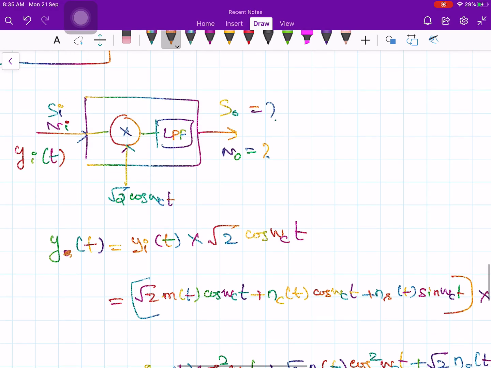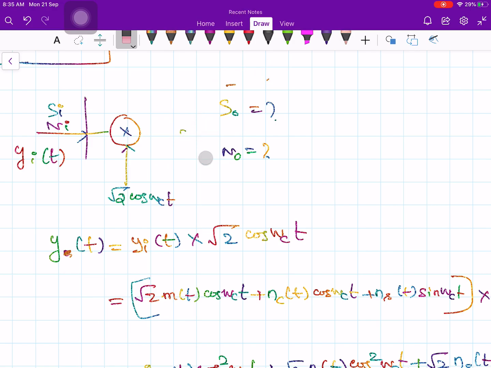At this point, let us say that one is y1 of t, because there is a low pass filter, right? I did not consider that. The low pass filter will not allow the high frequency component. So therefore, let me draw the diagram properly.